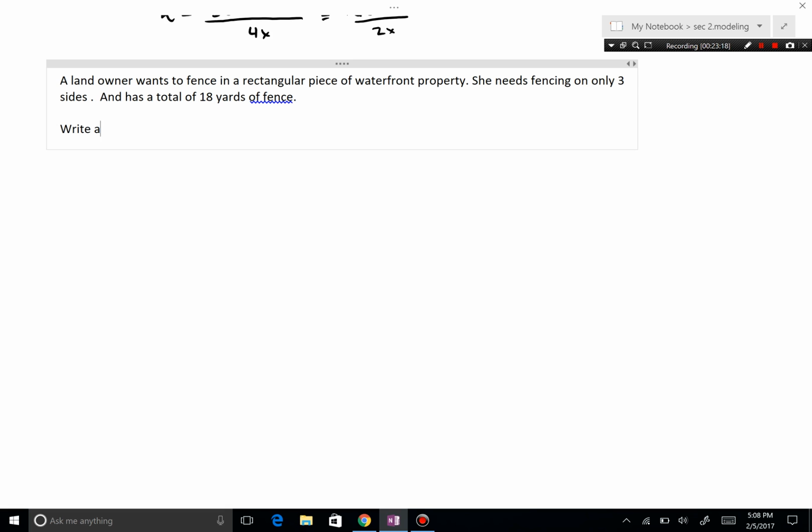Write a function representing the area A of the fenced-in property as a function of the width, but I don't want you to call it W, I want you to call it X. Okay, and look, I'll even give you a picture.